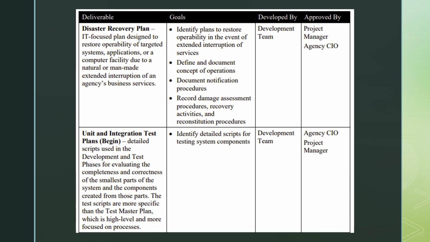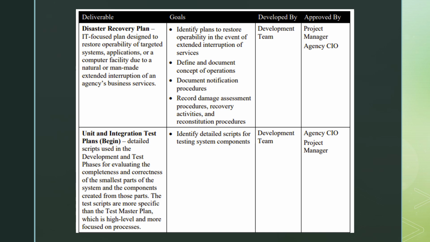Next deliverable is the Disaster Recovery Plan. It focuses on plan design to restore operability of targeted systems, applications, or a computer facility due to a natural or man-made extended interruption of an agency's business services.